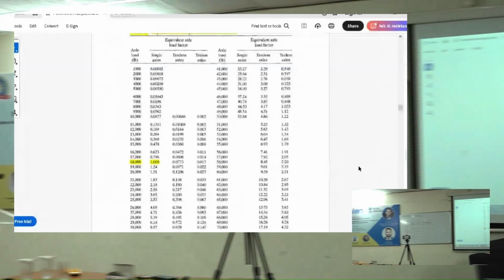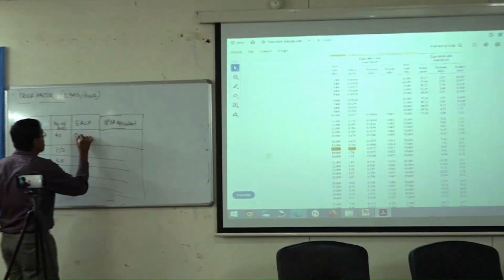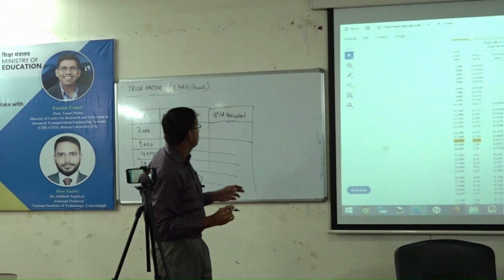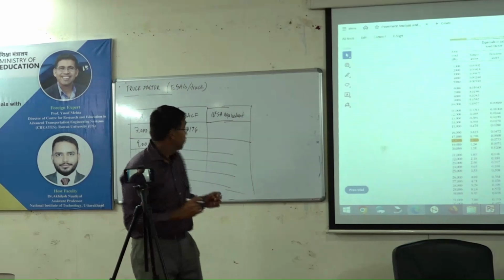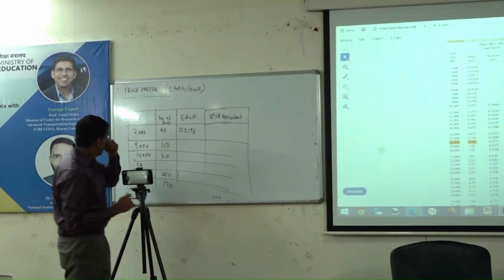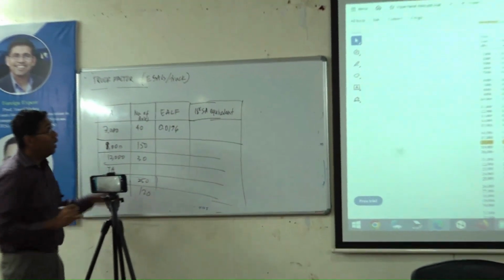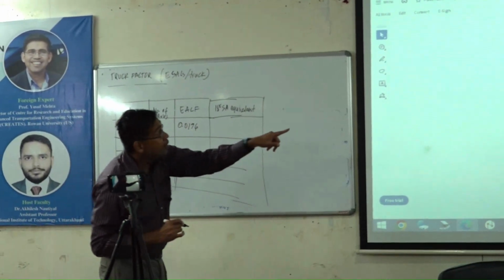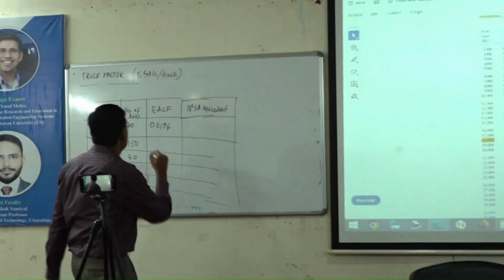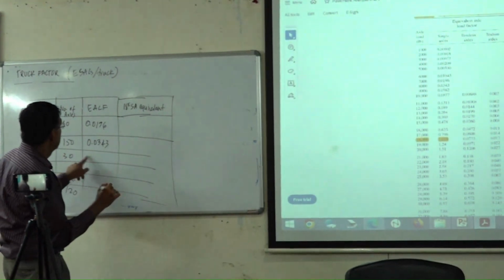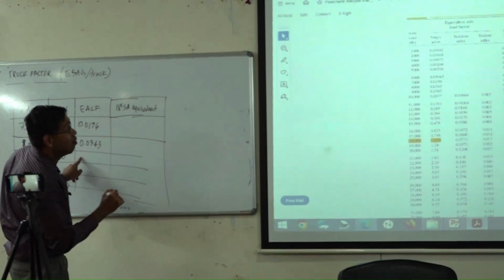So if you can plug that in: 0.0196 for 7,000. For 9,000, the factor is 0.0343. For 12,000, 0.189.